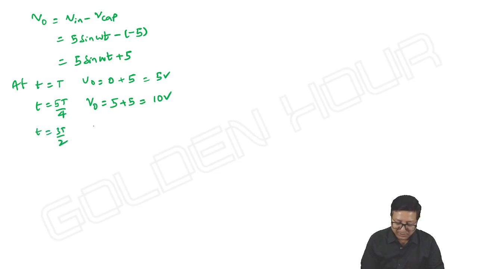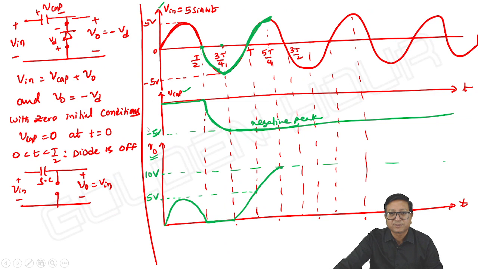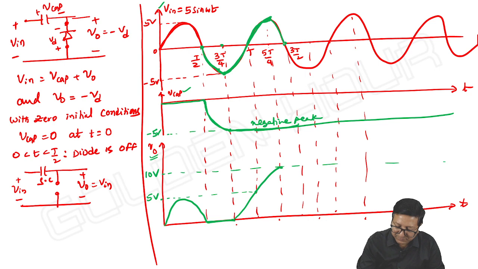At t is equal to 3t by 2, output is equal to, input amplitude will be minus 5, and capacitor voltage is minus 5. Sorry, next we have to see 3t by 2, not 3t by 4. At 3t by 2, input is falling by 5, output also falls by 5.